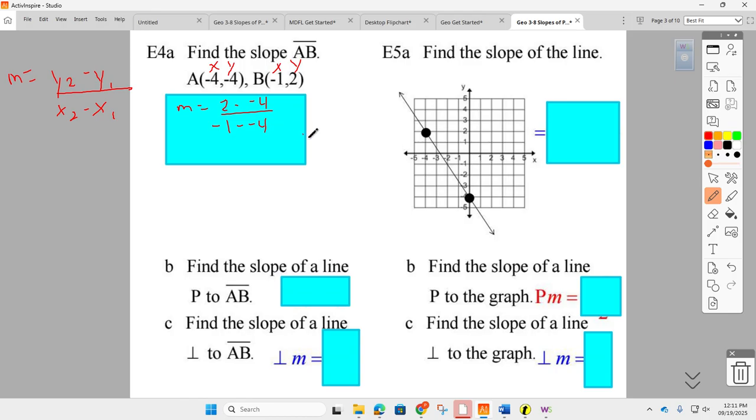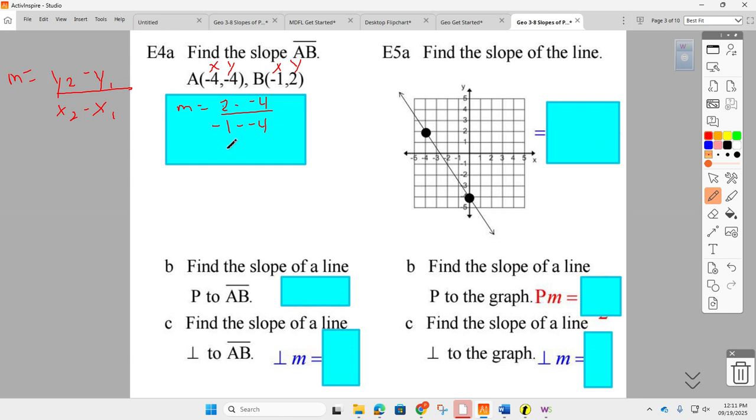The important thing is you see this ordered pair, negative 1 and 2, they're lined up on top of one, the y over the x. So the ordered pair has to be lined up. It does not matter which one you put first. We could have put negative 4 minus 2 on top as well.